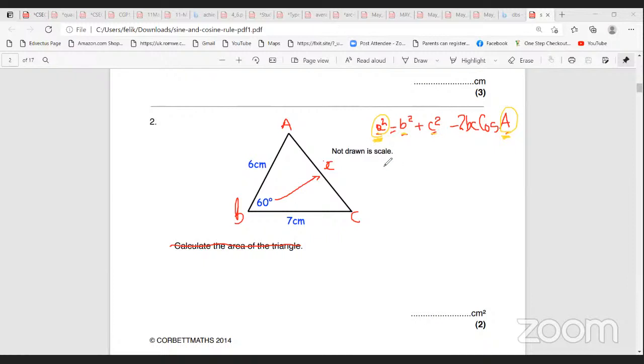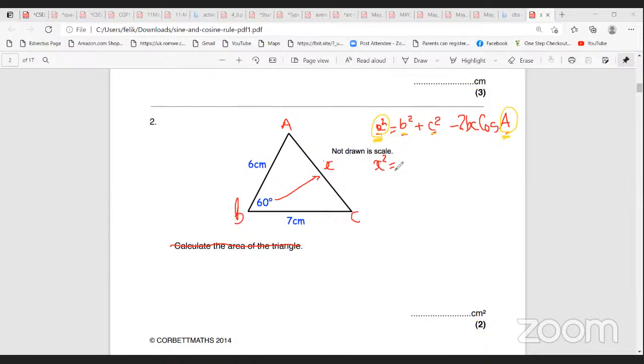All right, so we're gonna go. Our matching angle here is 60 degrees, and the side that we're finding is AC, which is x as we have it there. So we have x squared equal, what is b squared? What is b?